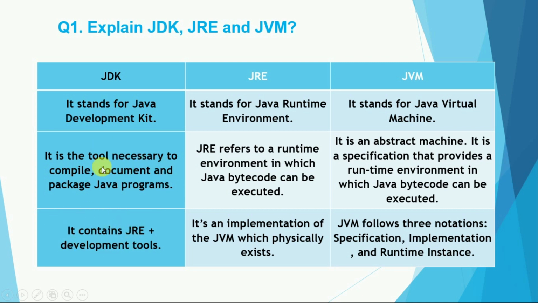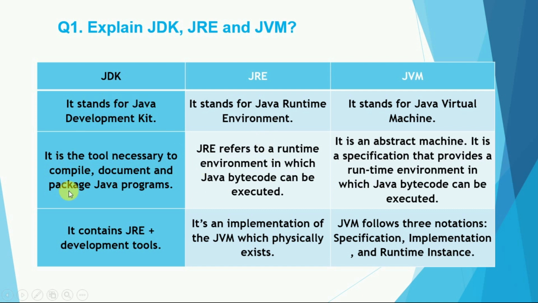So first we install the JDK in our system. This kit contains the JRE plus some development tools. So the first part is JDK, I hope you understood. Next, inside this JDK there is a runtime environment by which our Java bytecode can be executed. To execute Java bytecode we need this runtime environment.